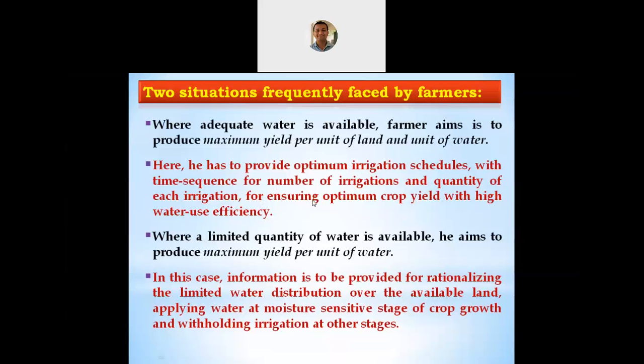So the first condition is where water is not limiting, whereas land is limiting. While the second situation is where water is limiting. So the farmer's main objective would be to get maximum yield per unit of water, where the scheduling is very important.